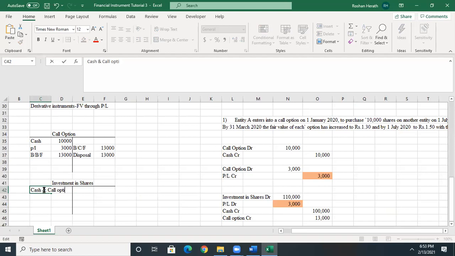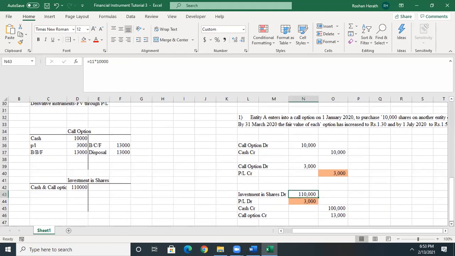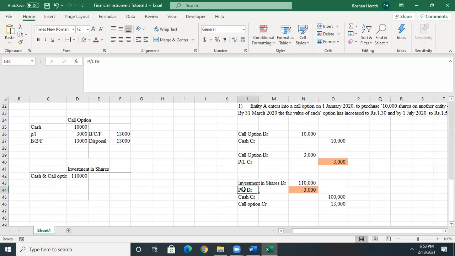Both contribute towards that. As per the journal entry, you can see that both have contributed towards this share recognition, investment in shares, and also there was a kind of a loss over there. You have to charge that to the P&L.